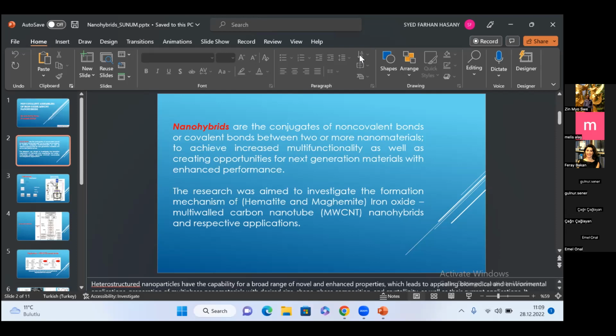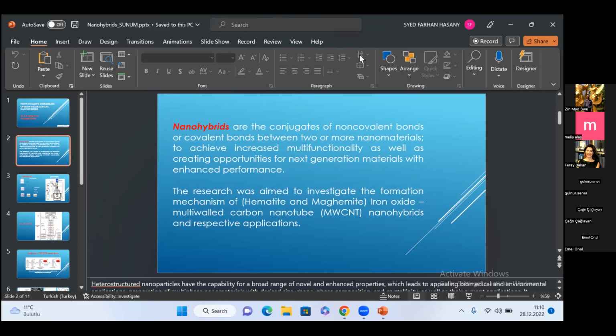Maghemite and magnetite are magnetic in nature, and they show superparamagnetic behaviors under electromagnetic conditions when the size is reduced to 20 nanometers or less.